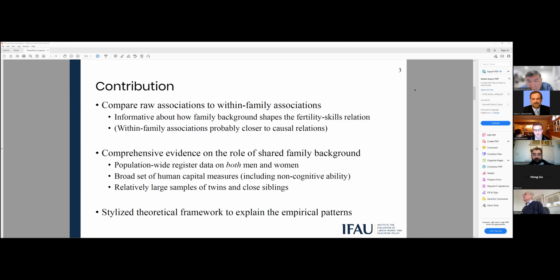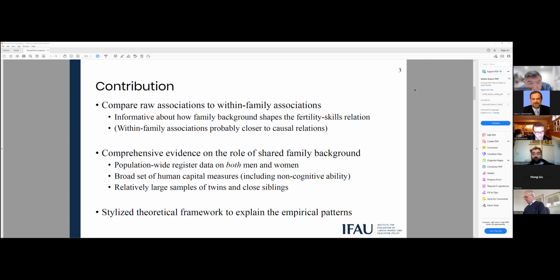We have population-wide register data from Sweden on both men and women, and we use a broad set of human capital measures. So it's years of schooling. We have compulsory school GPA. We look at cognitive ability, kind of IQ test, and also non-cognitive ability, which has not been looked at so much previously in the literature.